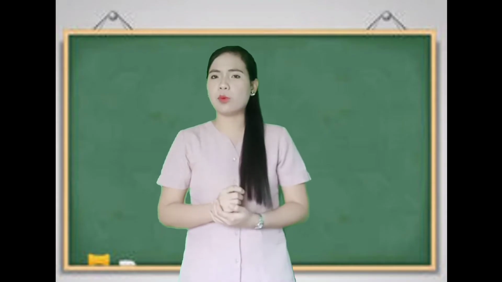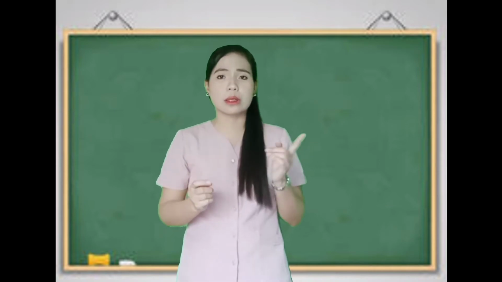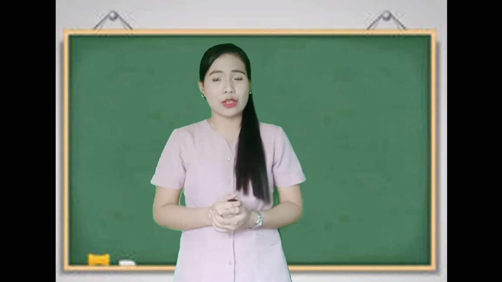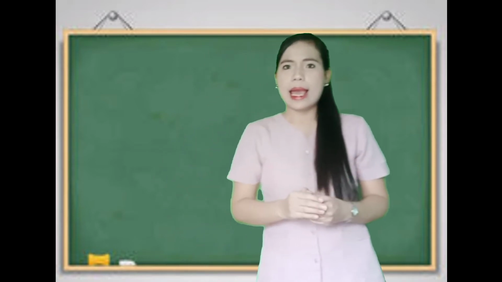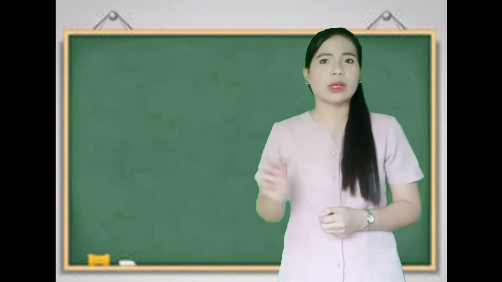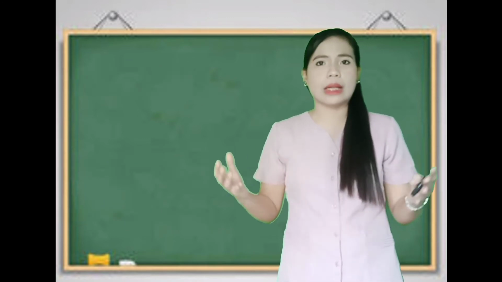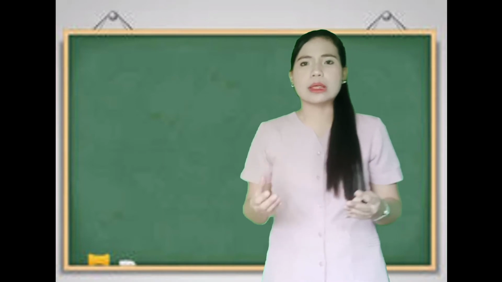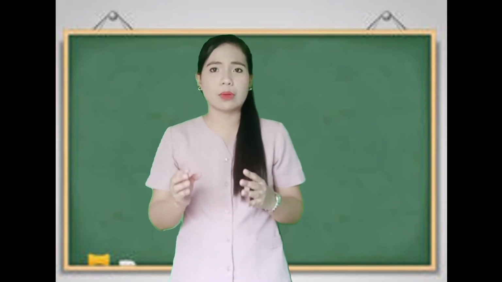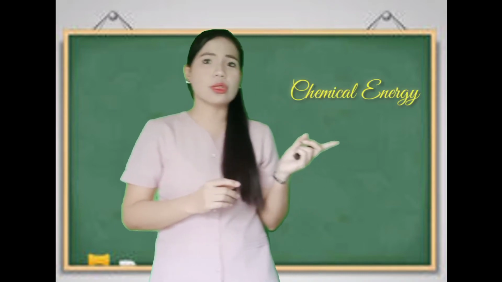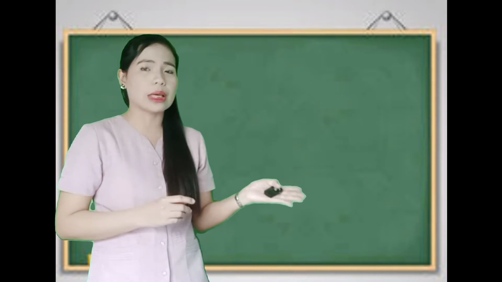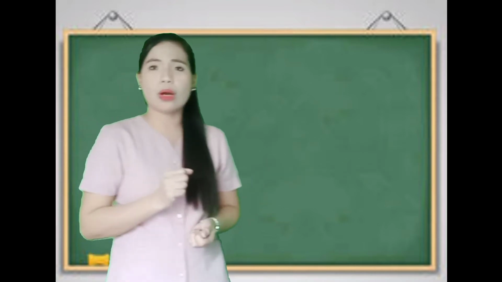During the previous modules 3 and 4, we've already discussed about energy. So when we say energy, energy is the ability to do work. So it means without energy, you cannot do a lot of work. We also discuss the different forms of energy: chemical energy, mechanical energy, light energy, sound energy, electrical energy, and so on.